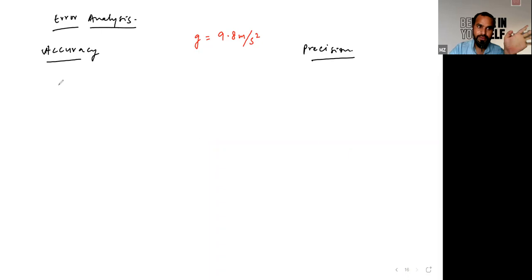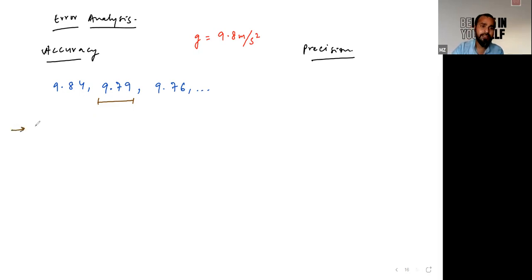So if one student calculated 9.84, the other one has calculated 9.79, 9.76, and so on. So check which of the following experimental values is the closest to this particular actual value. So your answer would be this, 9.79. Good. So the experimental value which is closest to this exact value, or accurate value, or true value, is nothing but accuracy.